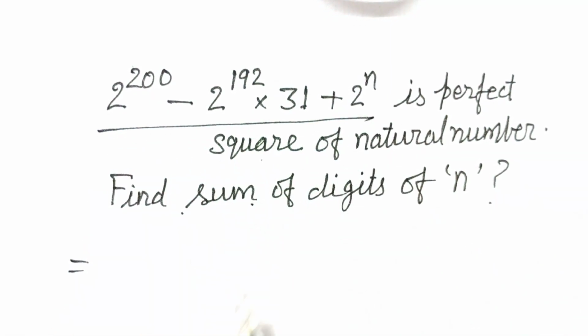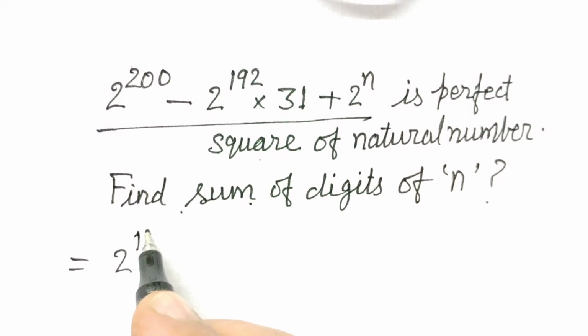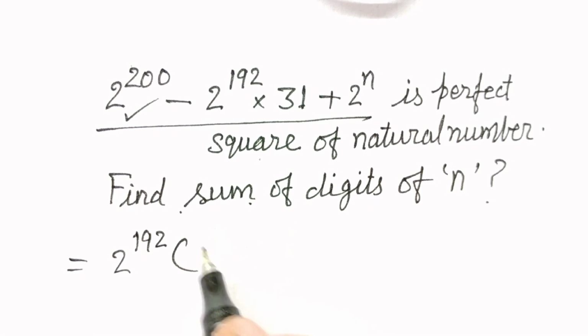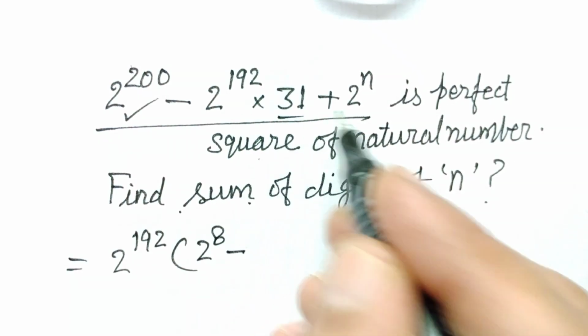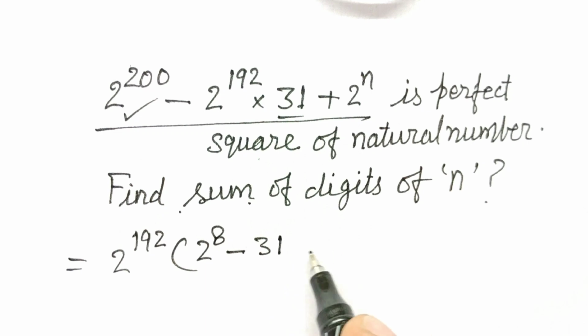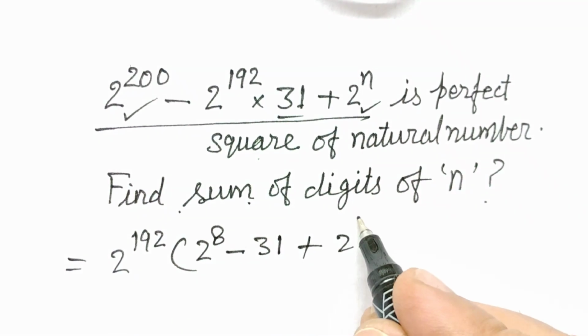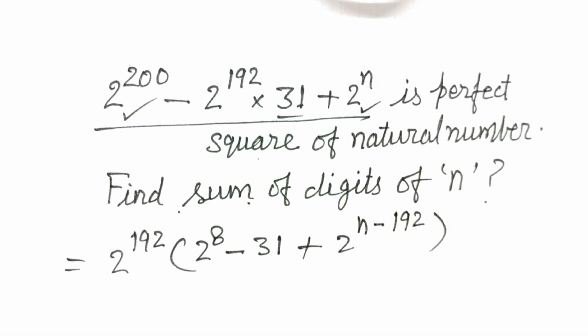Here, if we take 2 to the power 192 as common, we have remaining 2 to the power 8 minus 31 plus 2 to the power n minus 192. Fine.